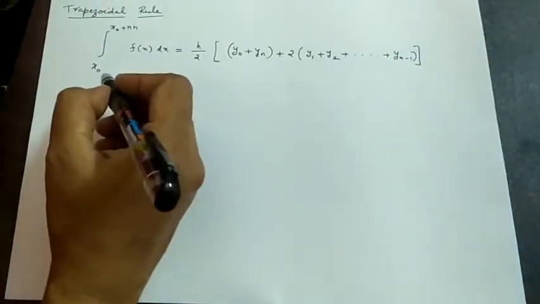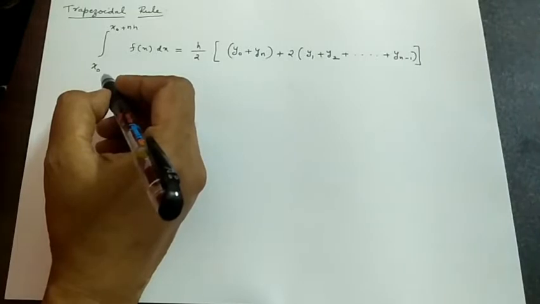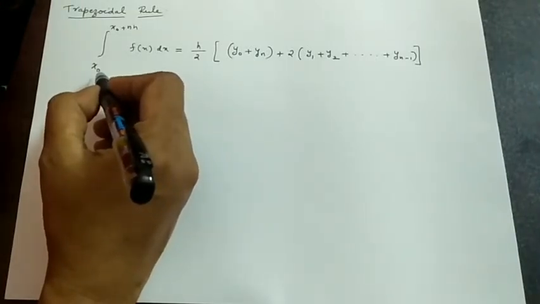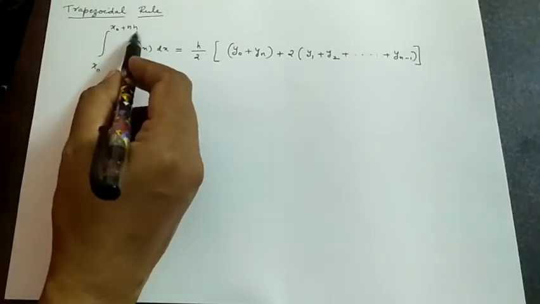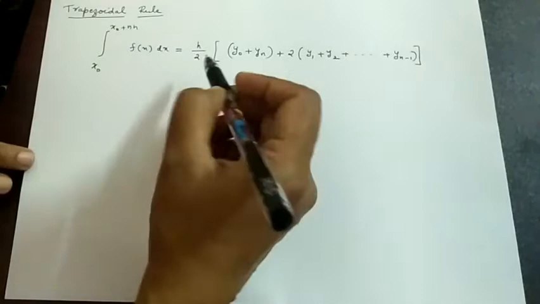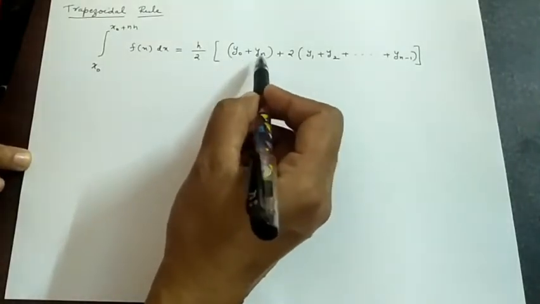Using the trapezoidal rule, we can evaluate the value of a definite integral, that is from x naught to x naught plus nh, a function of x dx. It is equal to h by 2, where h is the interval of differencing, into y naught plus yn.